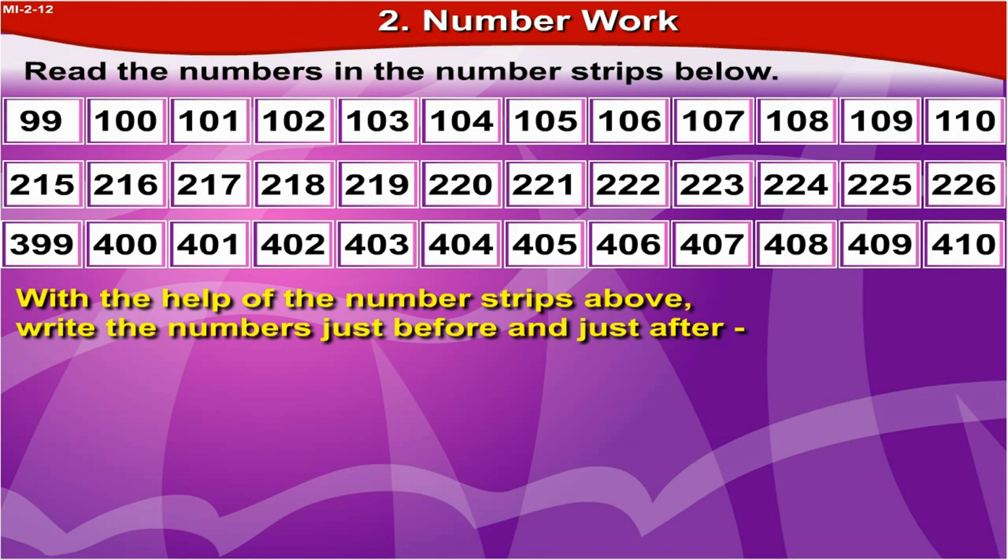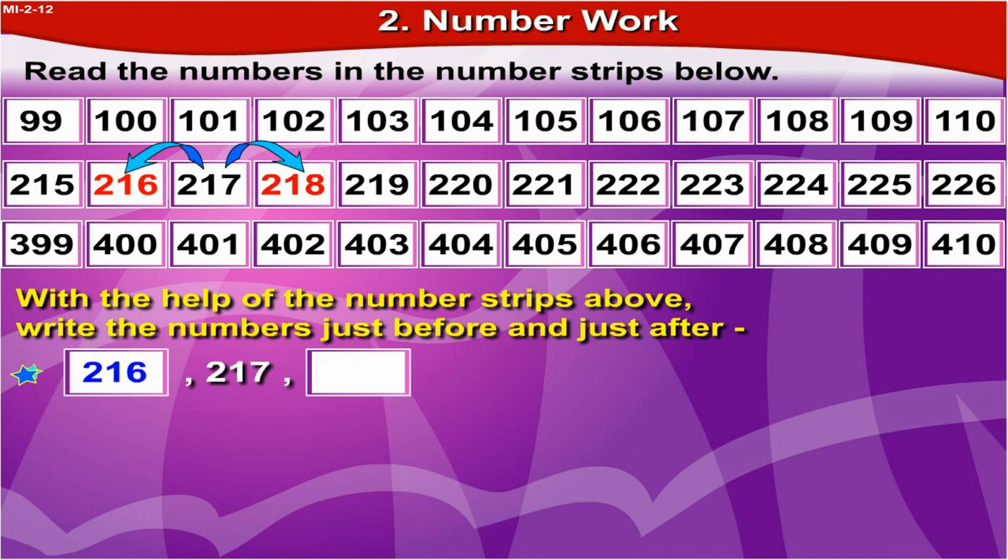With the help of the number strips above, write the numbers just before and just after. We need to write a number before 217 and after 217. If you check the number strip, 216 comes before 217 and 218 comes after 217.